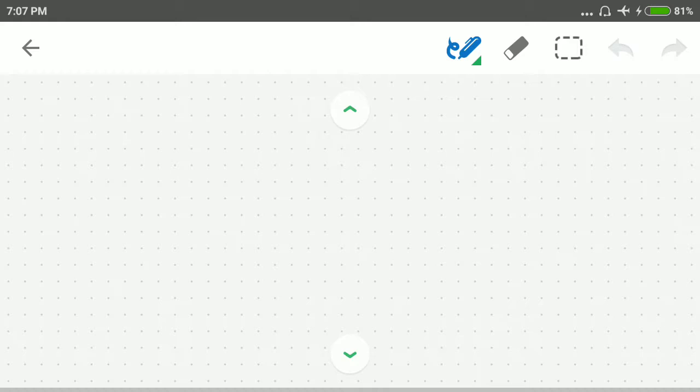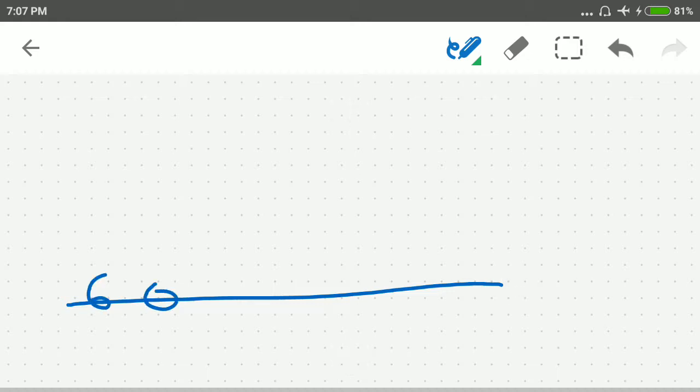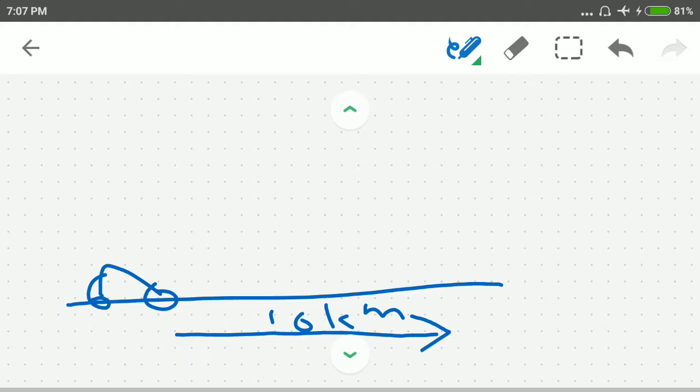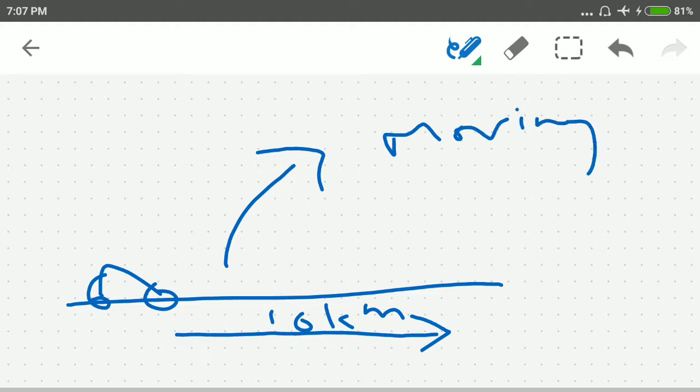See, I think this is a floor, and I have a bike. Let's say some object. When you move this 10 kilometers, moving 10 kilometers is known as scalar.